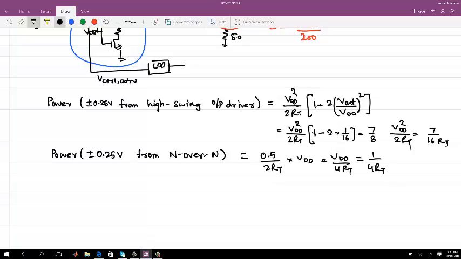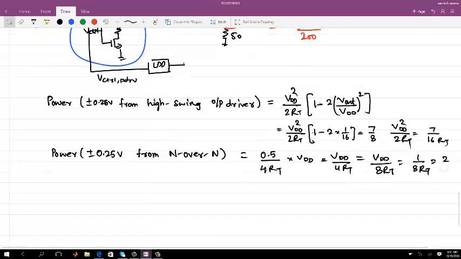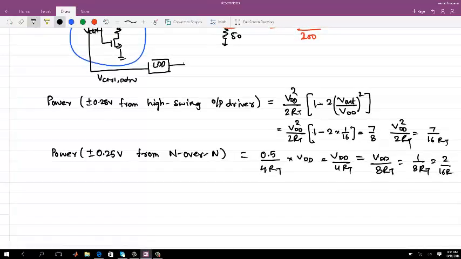So 0.5 by 2RT is the current. Oh, sorry, yeah, you're right. This is 0.5 by 4RT, so this will be 1 by 8. For putting the numbers, I can say this is 2 by 16 RT.